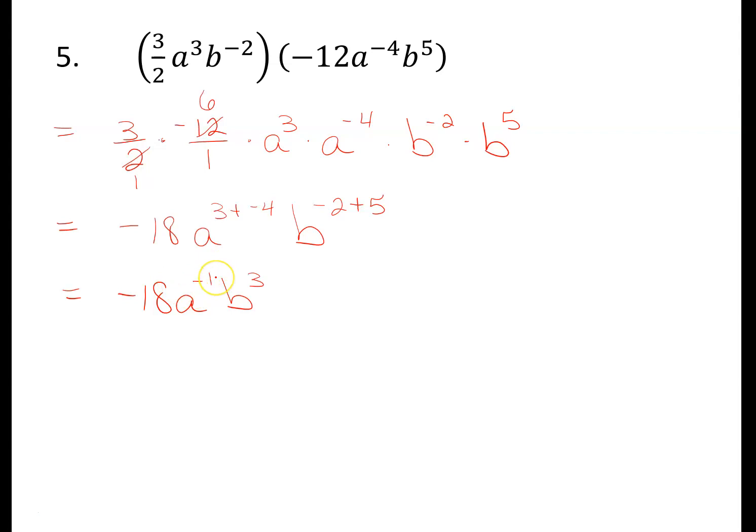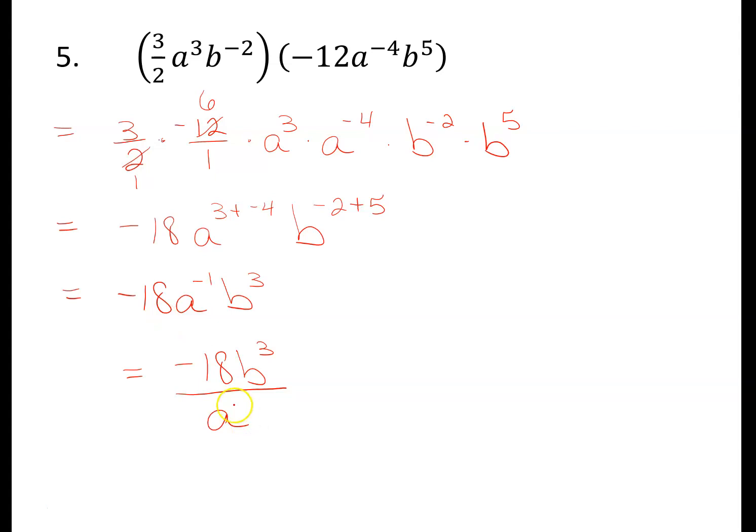So we do end up with a negative exponent, and so to simplify it completely, we need to make that a positive exponent. Now the -18 already has a +1 exponent. It does not need to move. And the b already has a positive exponent. But we're going to make a fraction because to get this -1 to be positive, that a has to move to the bottom.